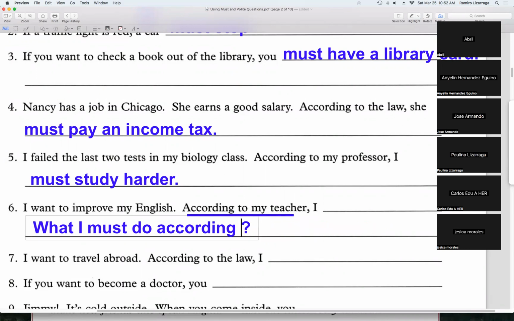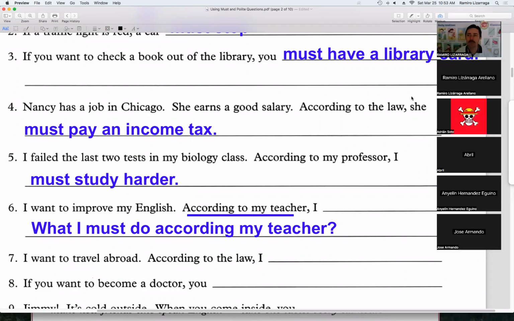According to my teacher. ¿Cuál es la diferencia entre teacher y professor? ¿Alguien sabe? La diferencia. What is the difference between a professor and a teacher? No one knows?